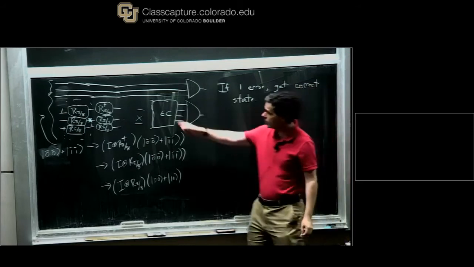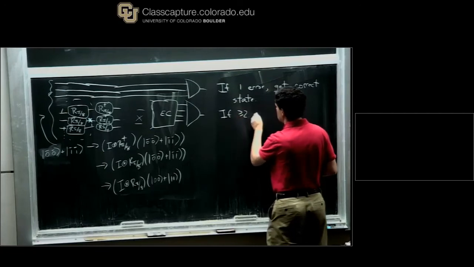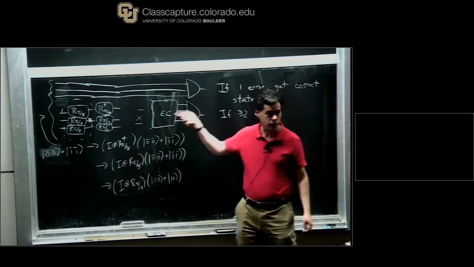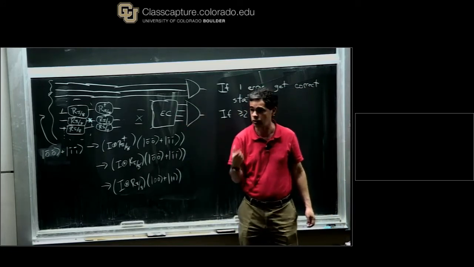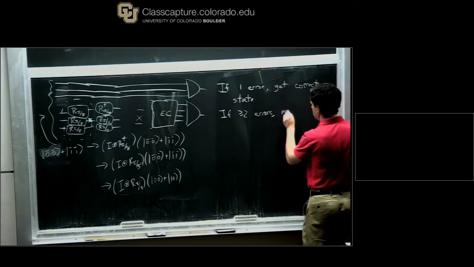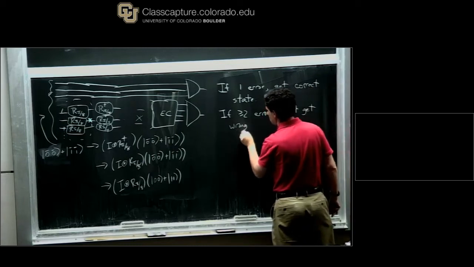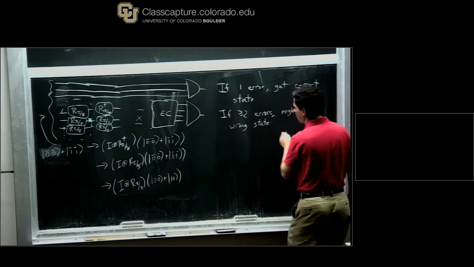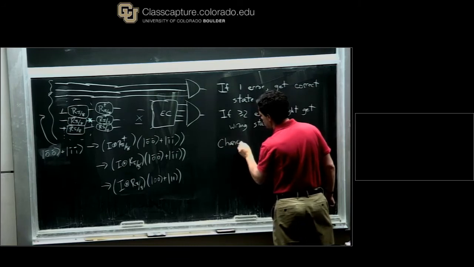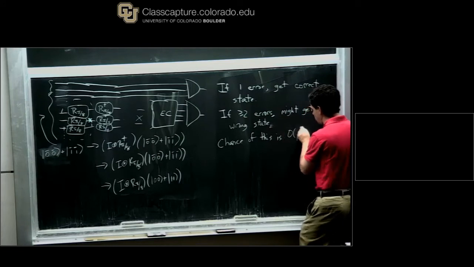Now, the way I've said it, we're going to correct this so that if there's two errors, then we might not get the correct state, right? Because our error correction procedure might fail. This is only a distance 3 code. It might not correct two errors. But the chance of this is O of p squared.